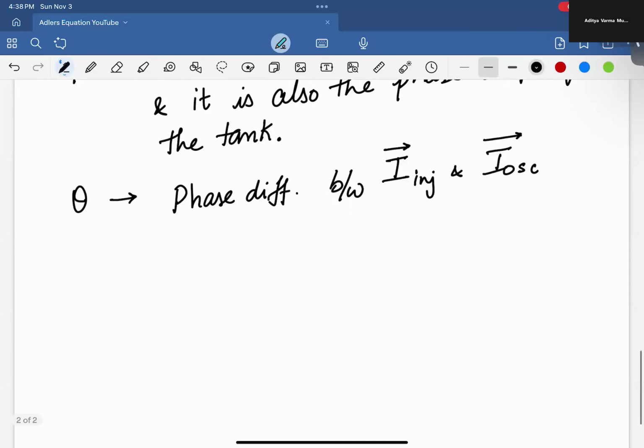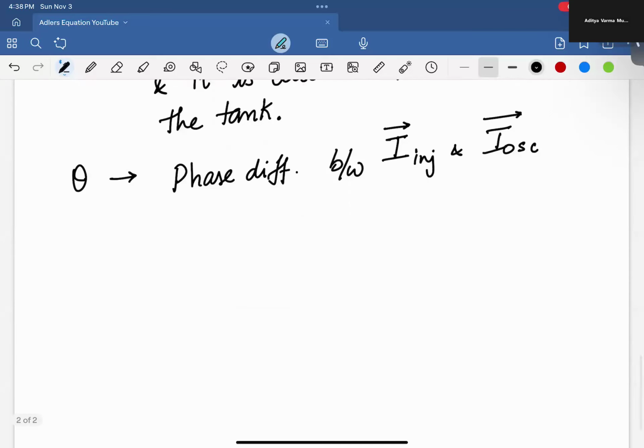All right, so we drew this pictorially last time. If I have an injected signal as a phasor like this, this is I injection, and then you have I injection plus I oscillation. Say I oscillation is like that. Then IT should be like this.